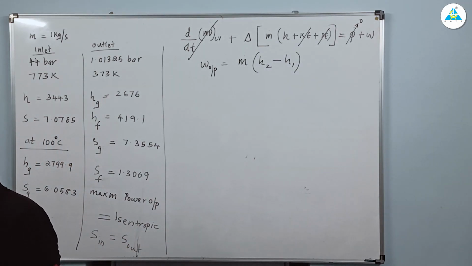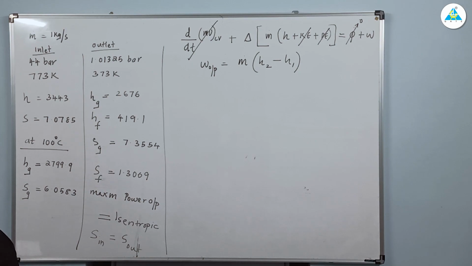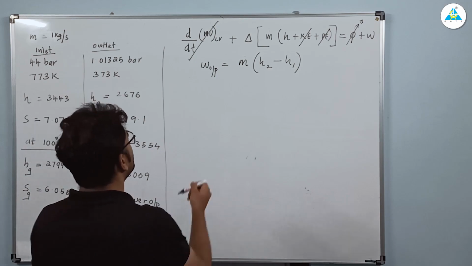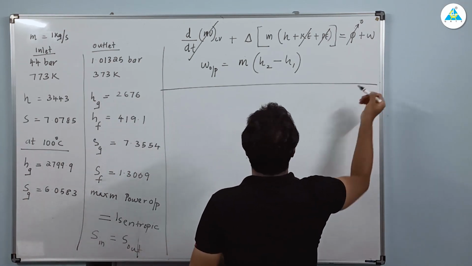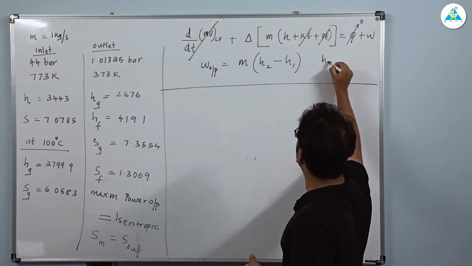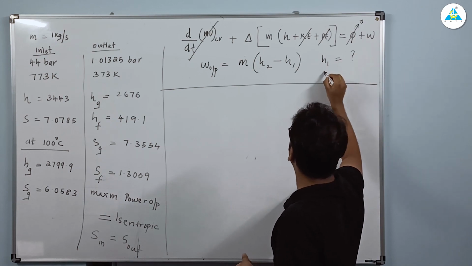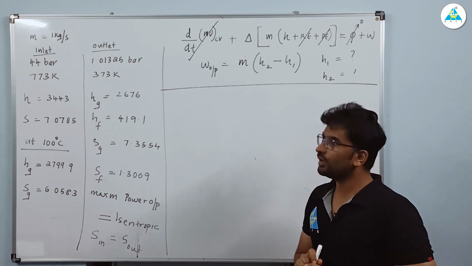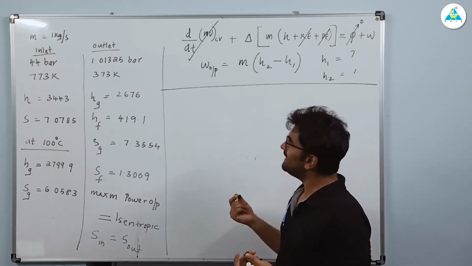This should be your equation for the work output. I hope you can understand this. So what we need to find is that we must know the inlet enthalpy and the outlet enthalpy. These two we need.